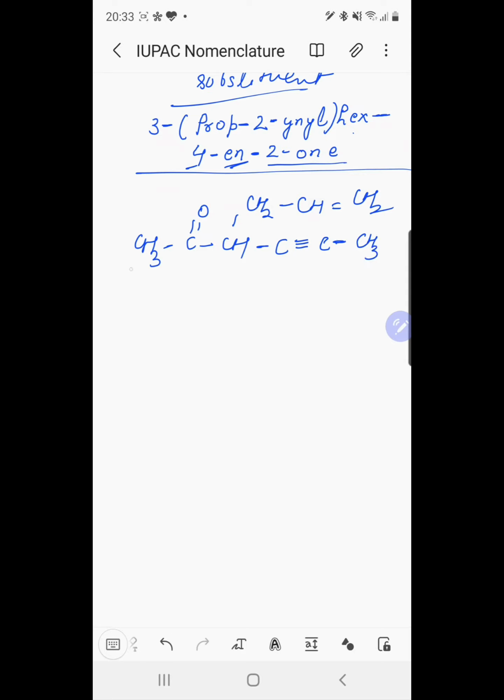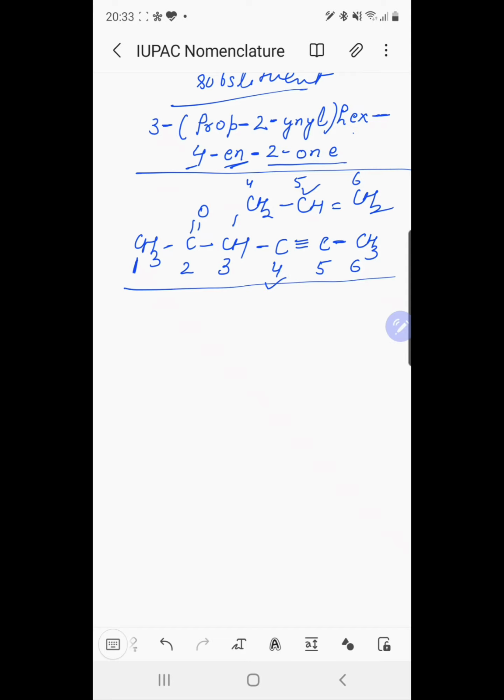In this case we give numbering 1, 2, 3, 4, 5, 6. If we take the numbering to the other side, 4, 5, 6, we get the double bond at the 5th position. Here we get the triple bond at the 4th position.